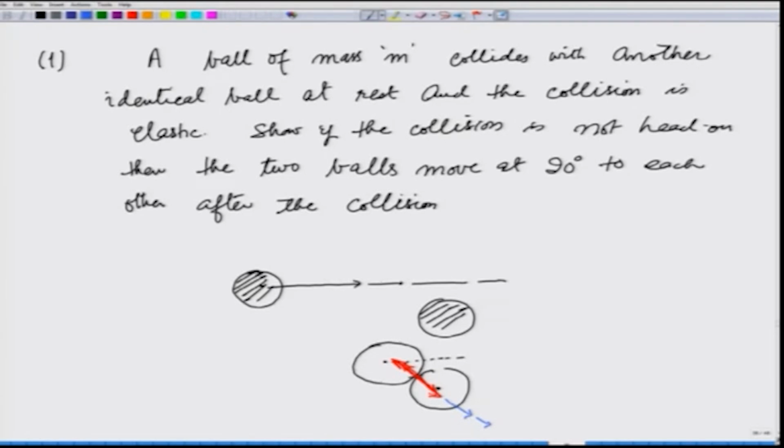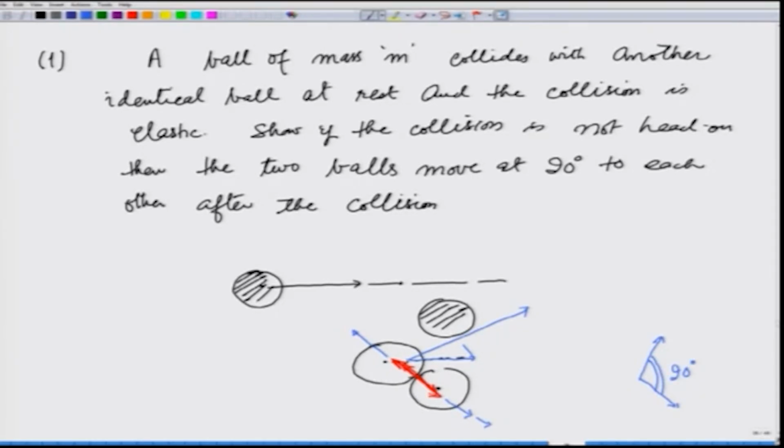Ball 1, which was coming in, experiences an impulse like this, and therefore, its momentum, which was in the direction to the right, is going to change a bit, and it is going to move like this. So, finally, the picture that emerges is that one ball is moving like this and the other ball is moving like this, and this angle we want to show is 90 degrees.